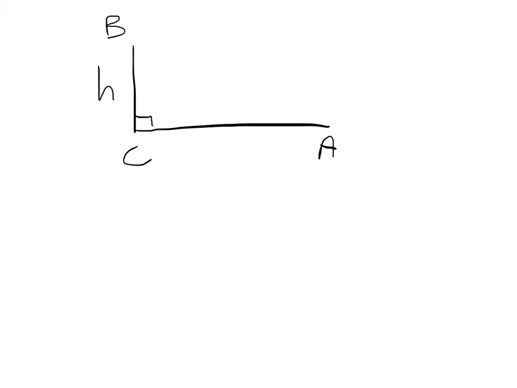Now, how can trig be useful in addition to just an abstract sense of finding some links or ratios in a triangle? Let's suppose I'm standing here at point A, and I see this building over here, which I'll assume is perpendicular to the ground, and I'm interested in how tall that building is.